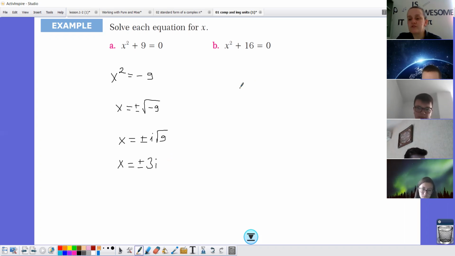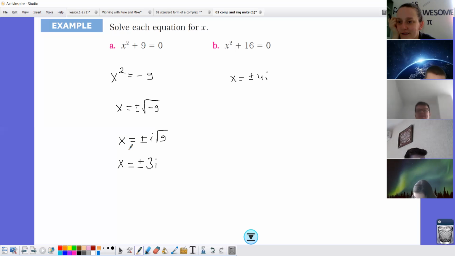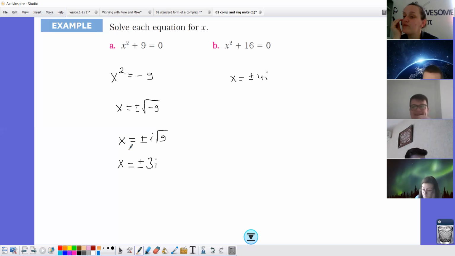Plus minus 4i. So here it will be plus minus 4i. Is it clear? Teacher, in the exam we forgot to write plus minus. It won't be full points, of course, because you need to know it is a quadratic equation.